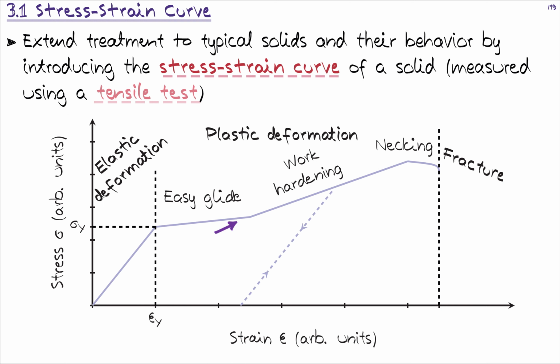And this regime is often divided into other sub-regimes. For example, there's the so-called easy glide regime, where already a tiny bit of increase in the stress will increase the strain of the material quite a bit, so that the slope dramatically changes when we go from the elastic deformation regime to the easy glide regime.